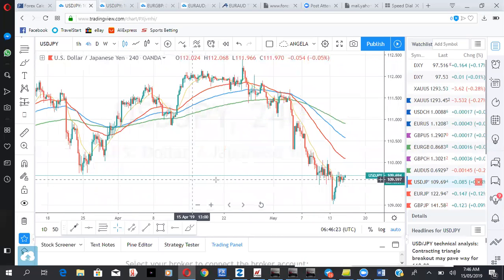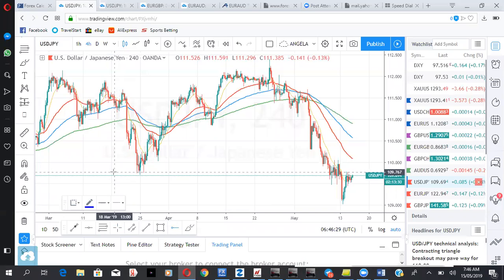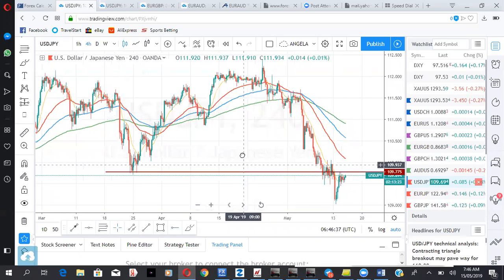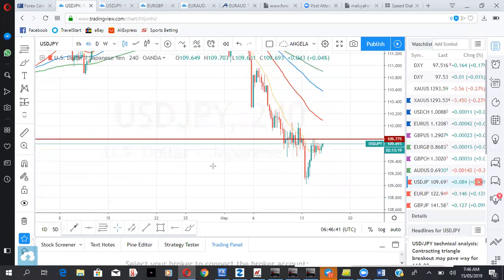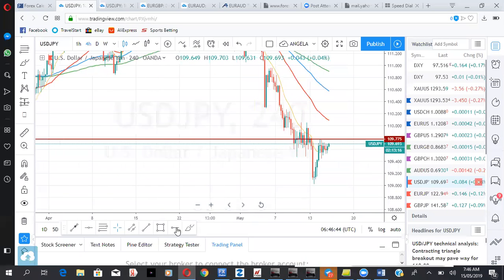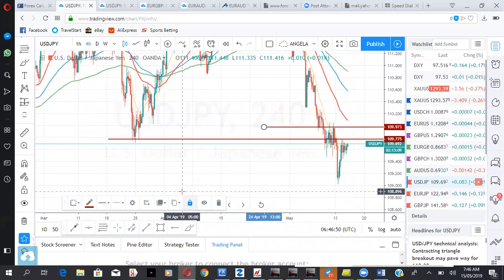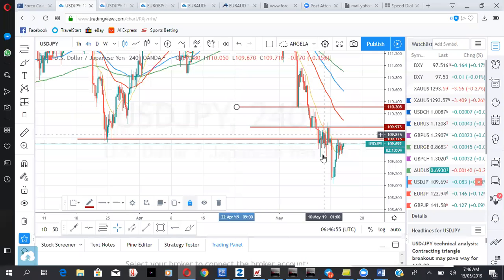So noting that, we go down to our intraday chart to see if we can find plausible levels of support and resistance. Our first resistance on this pair comes in at 109.77. The next level comes in at 109.97, while the next level comes in here.